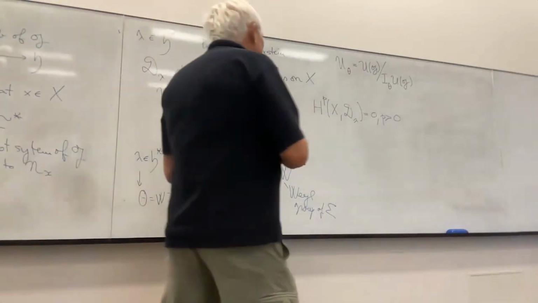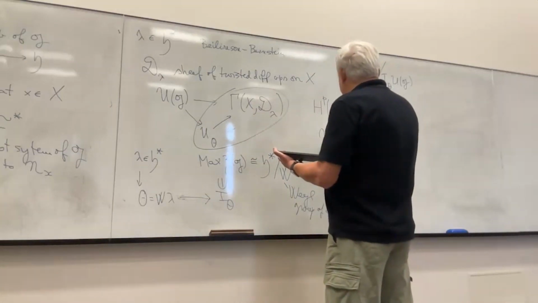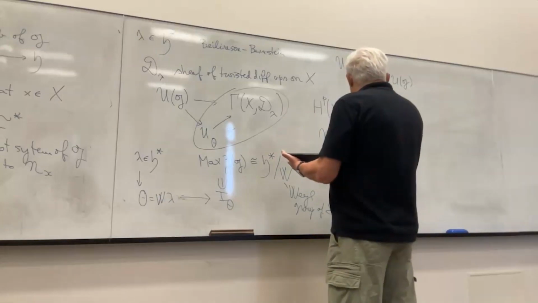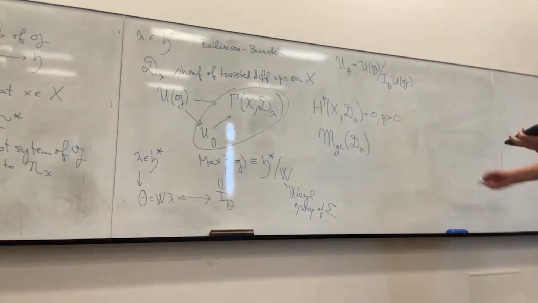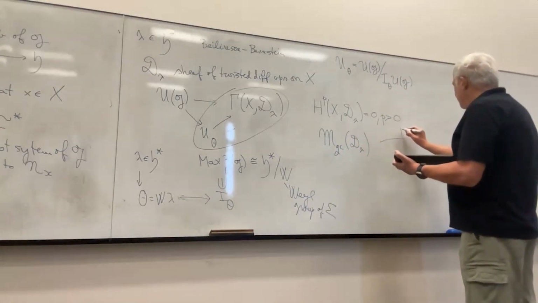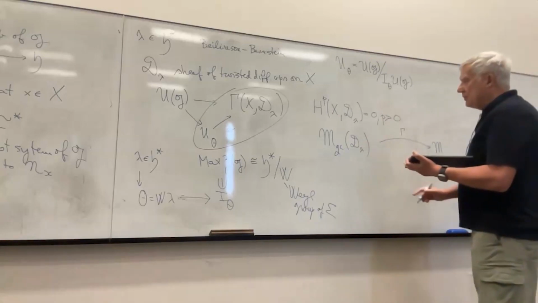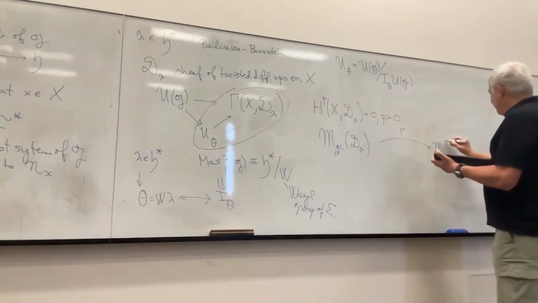Now, let's use this. So we look at the category of quasi-coherent D lambda modules on X, and I have a functor of global sections into the category of modules over the global sections of D lambda. So this is U theta.